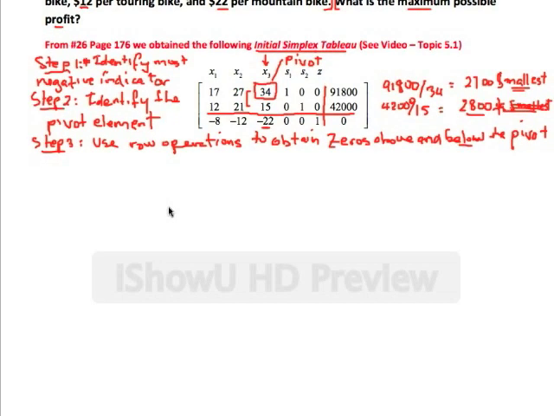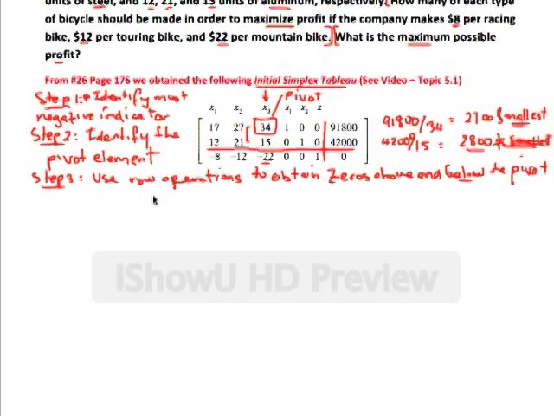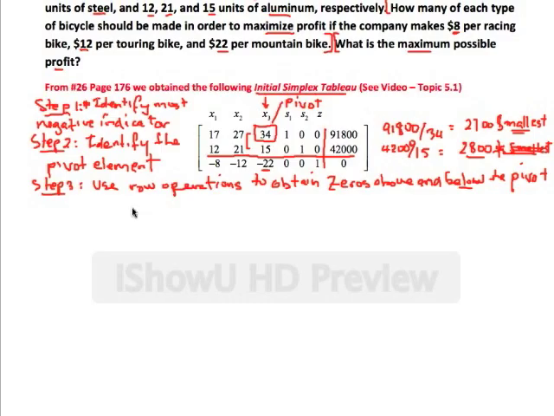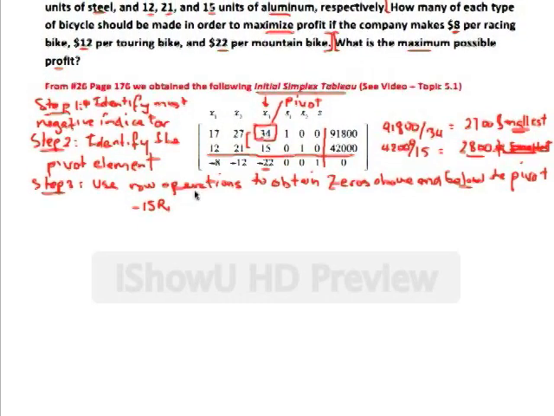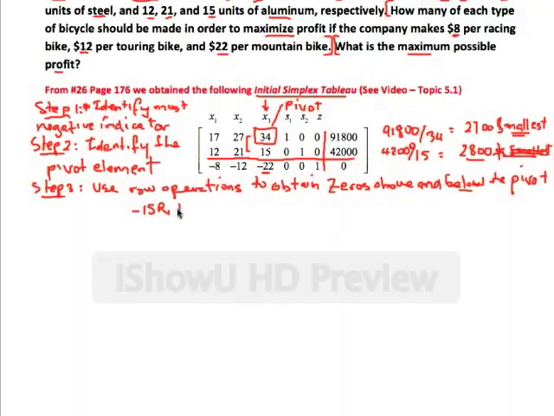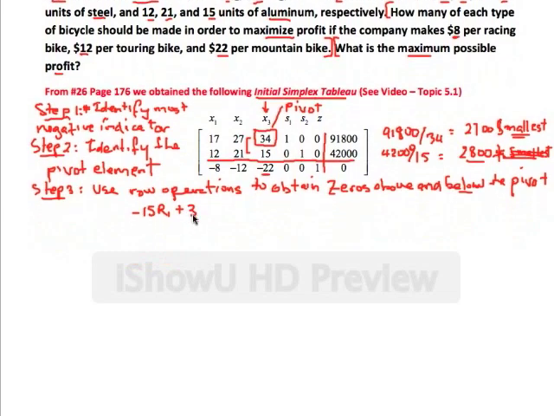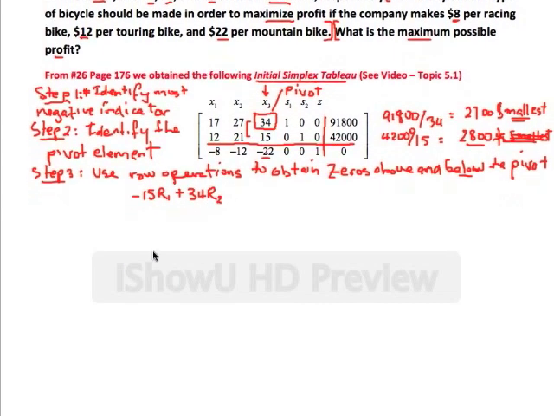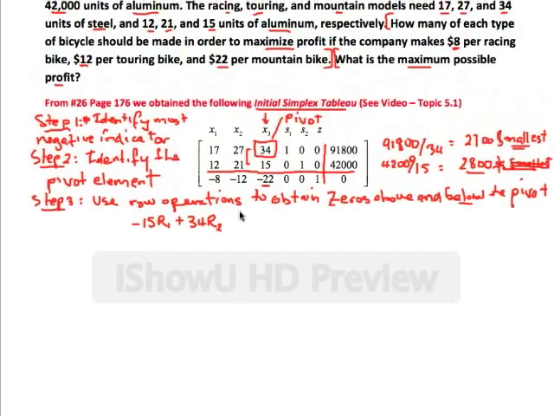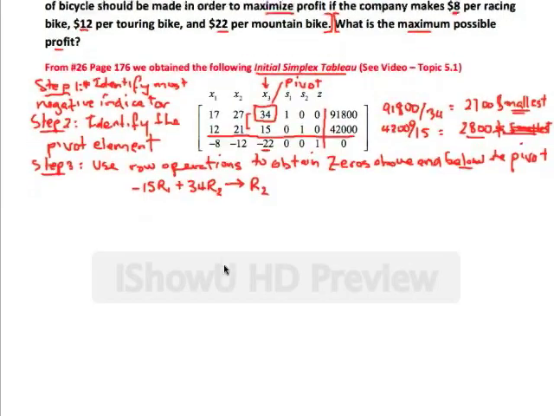So what we might want to do here is multiply row 1 by negative 15, and we're going to need to multiply row 2 by 34, to produce this new row 2. That'll be the first thing to do.